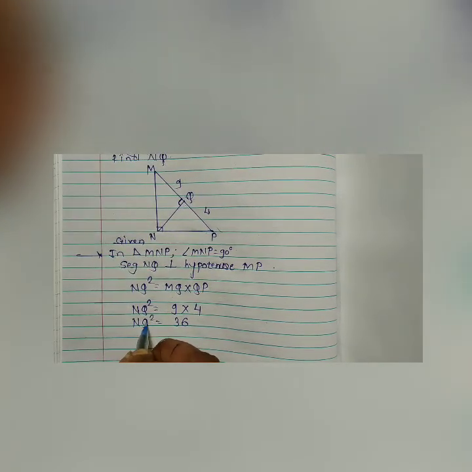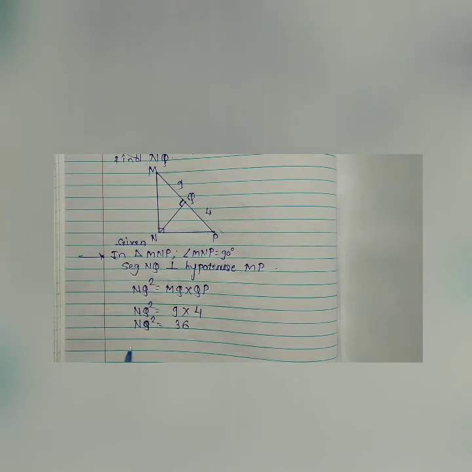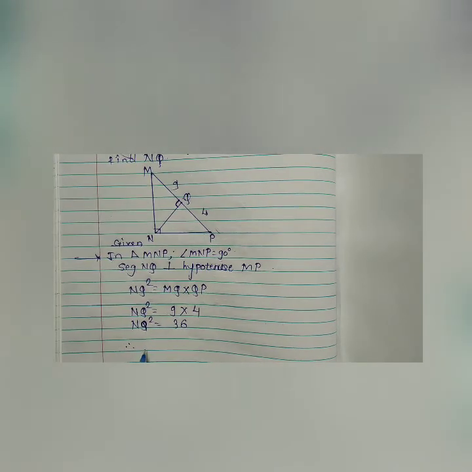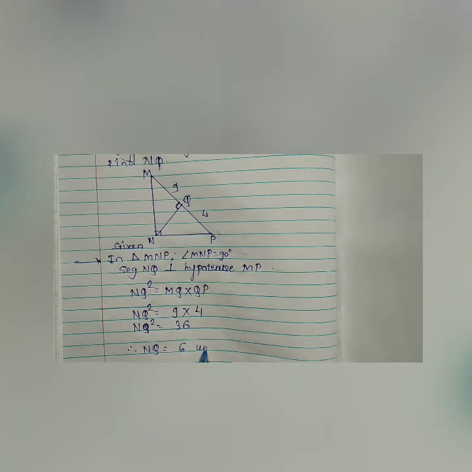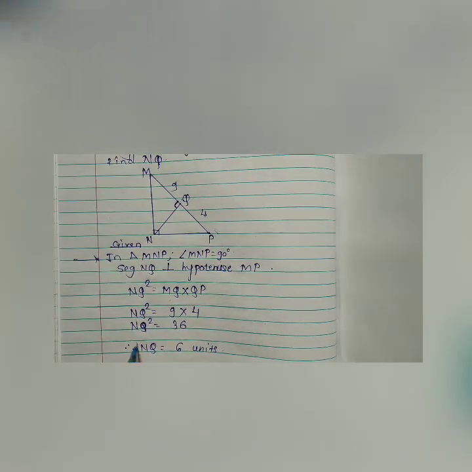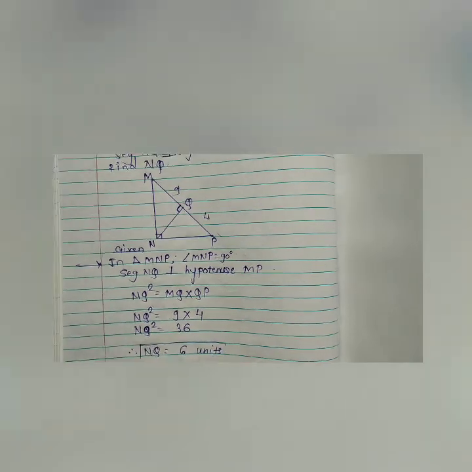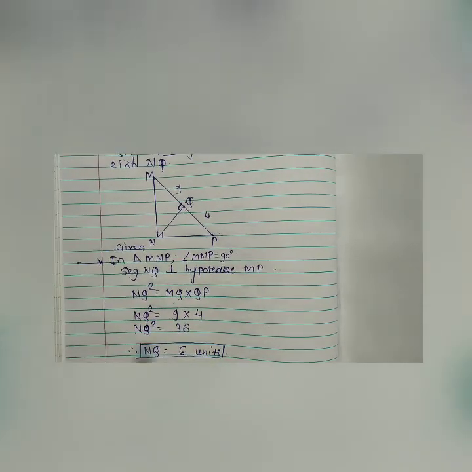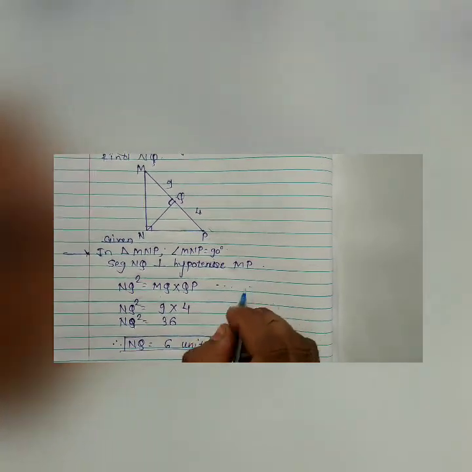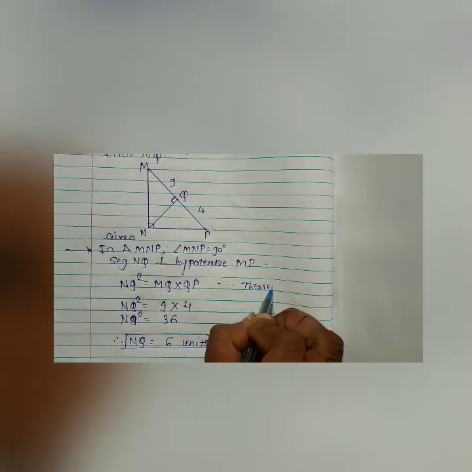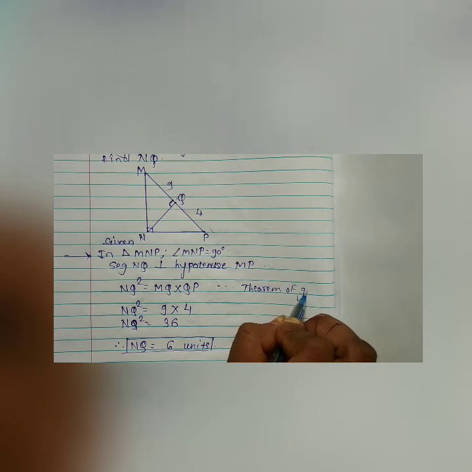NQ square is equal to 36. Therefore, taking square root on both sides, we get NQ is equal to 6 units. And this is your answer. Here, we used the theorem of geometric mean.